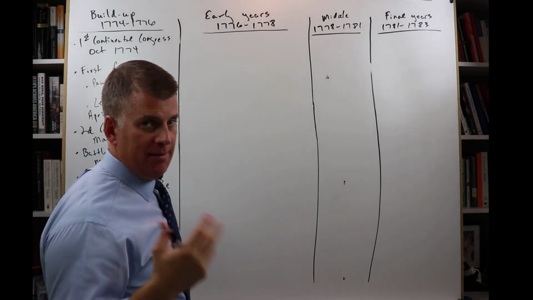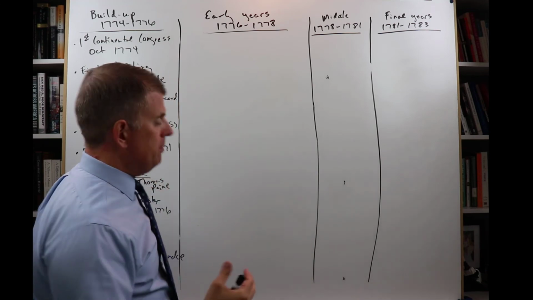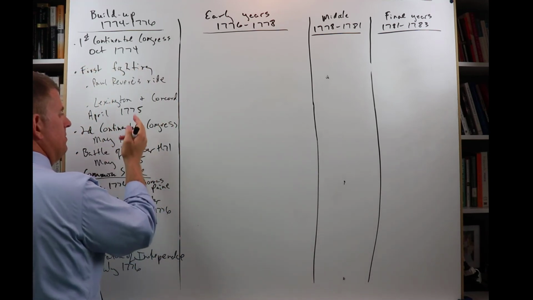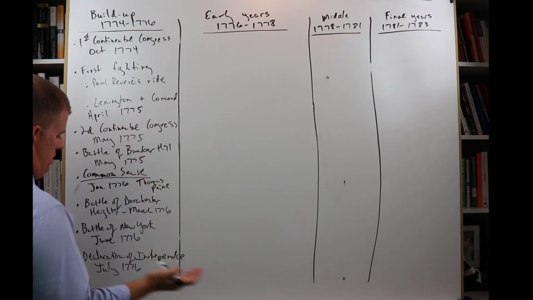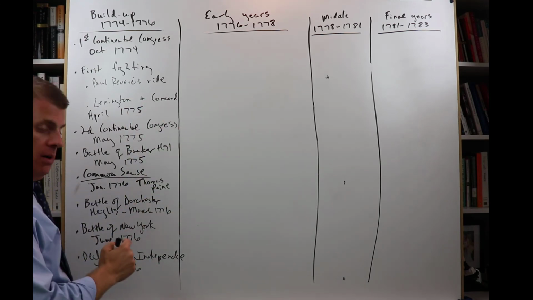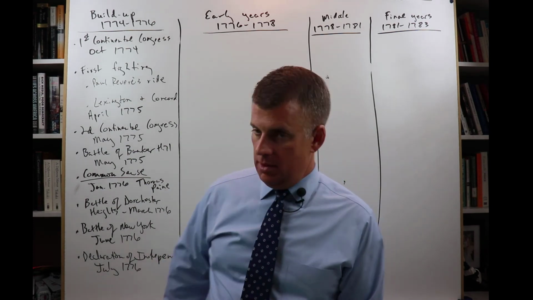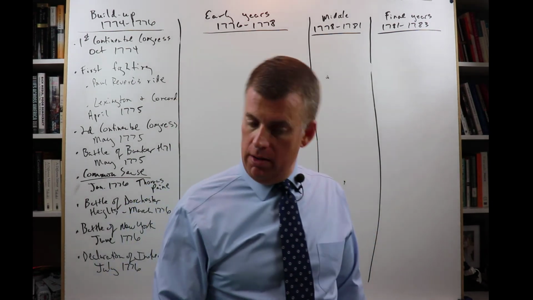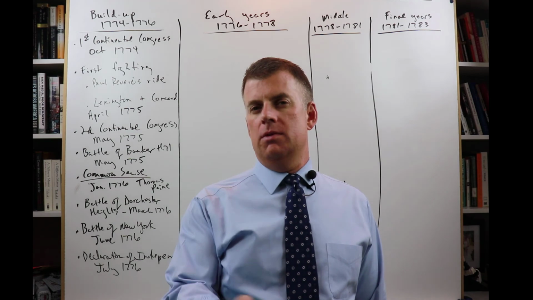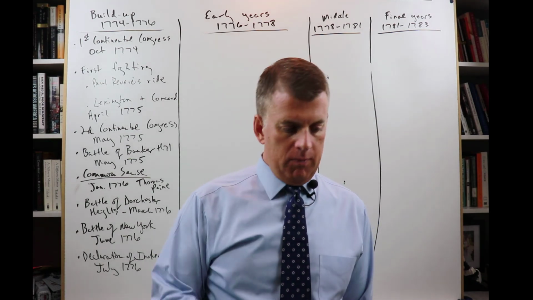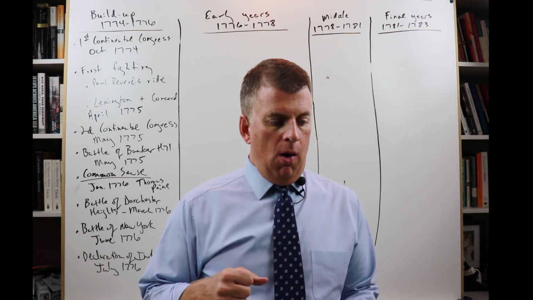Not saying they met there every day, all the time, but they had been in session since May 1775. A year later, just over a year later, the draft. Thomas Jefferson is the main author. Ben Franklin helped, and some other authors helped a little bit too, but the main author was Thomas Jefferson.